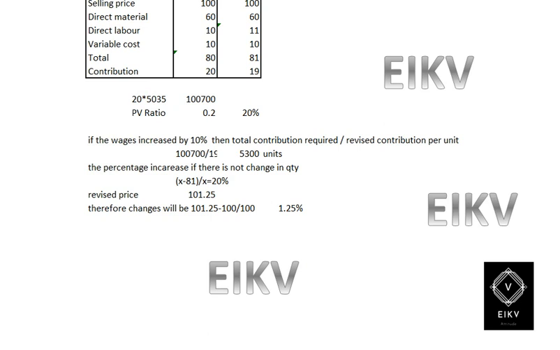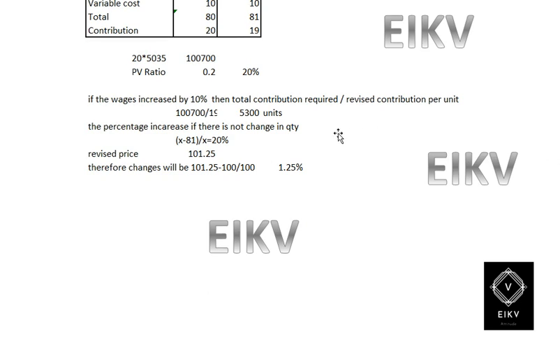In order to compute the quantity required to achieve that amount, that is 1,07,000 rupees, we need to divide such contribution by the contribution per unit.